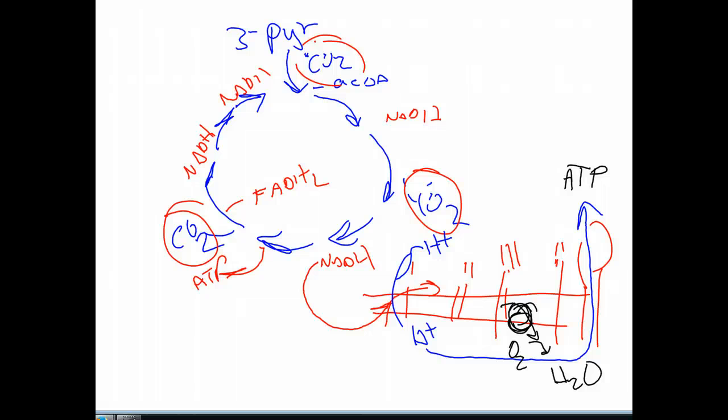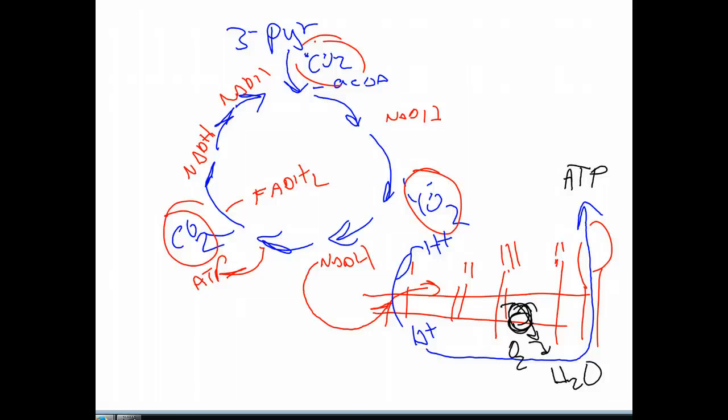What am I leaving out? Oh, yeah, I am leaving out something. Plants have cyanide-resistant respiration, which was a really bizarre finding because cyanide knocks the mitochondria out.